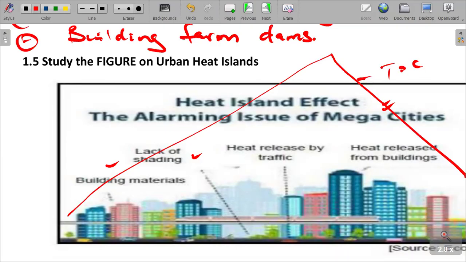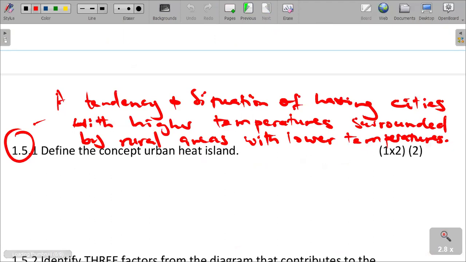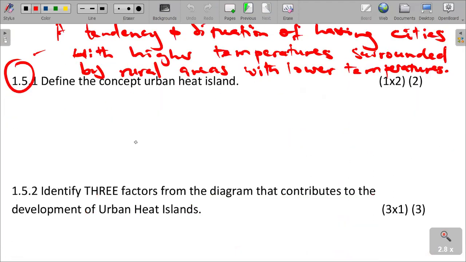Temperature. Temperature tends to increase as we go into the inner city. So what is supposed to be understood here is that we define that as urban heat island. It's an island of heat because heat is high in the city.